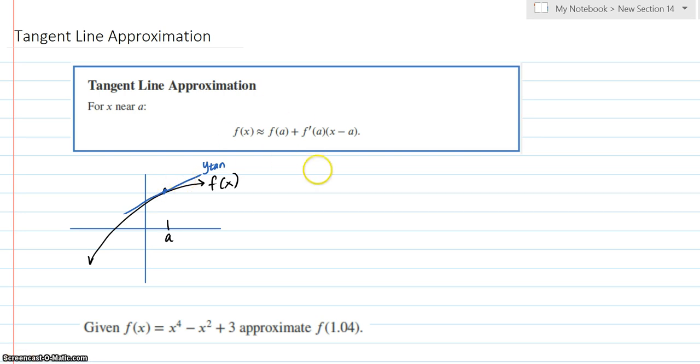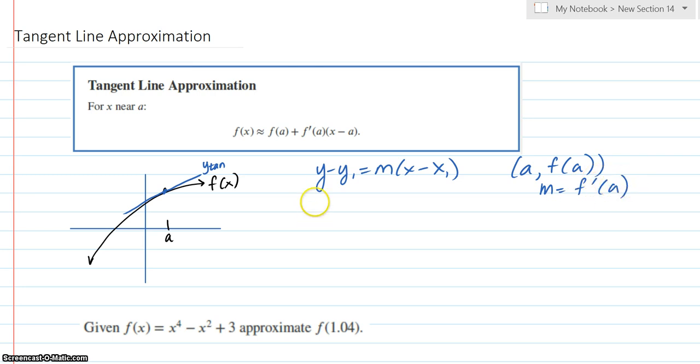You can get this formula very easily by taking our equation of a tangent line. We have the point a comma f of a, and the slope of the tangent line is f prime of a, and we just plug this in here.